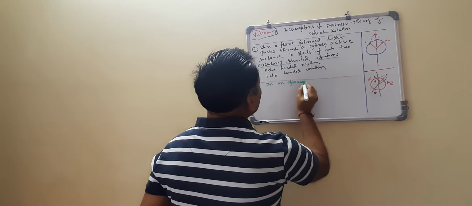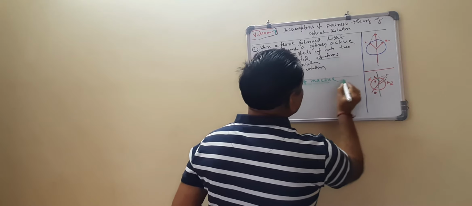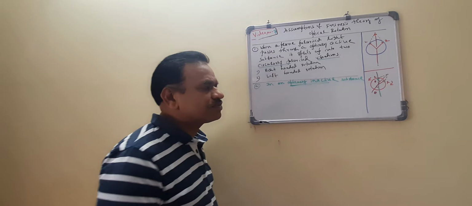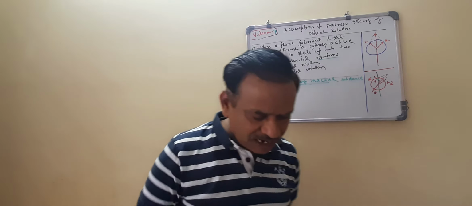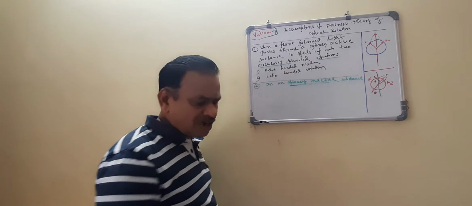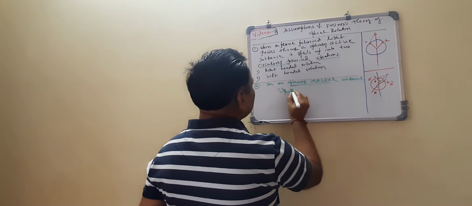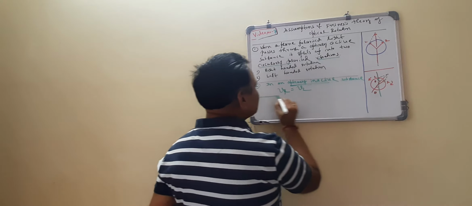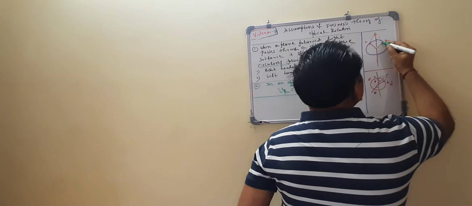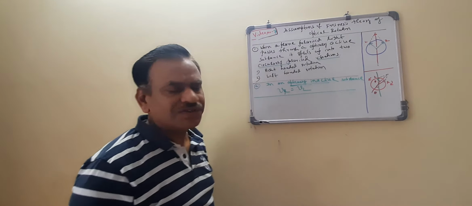Next point: in an optically inactive substance, both the right-handed rotation and the left-handed rotation have the same speed, VR equals VL.